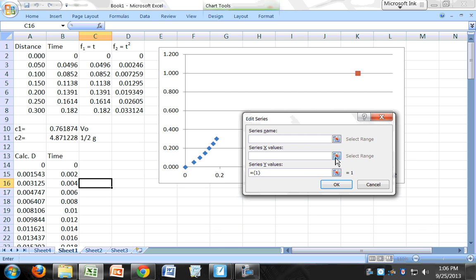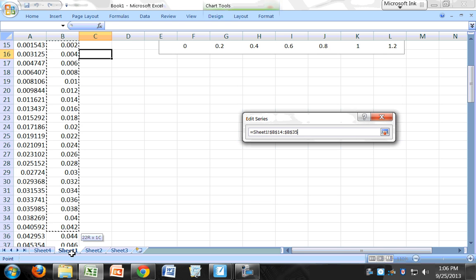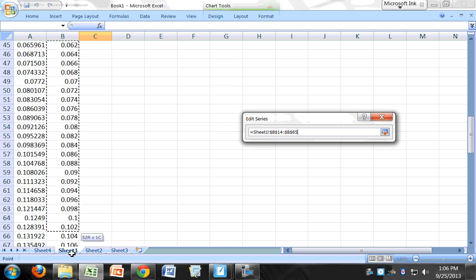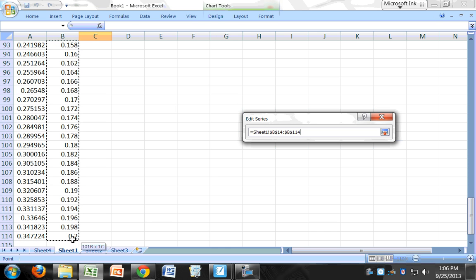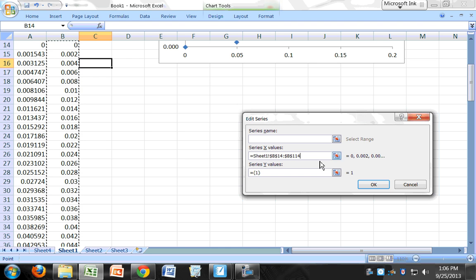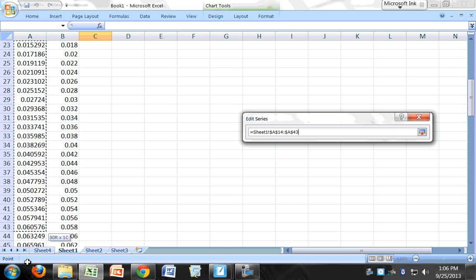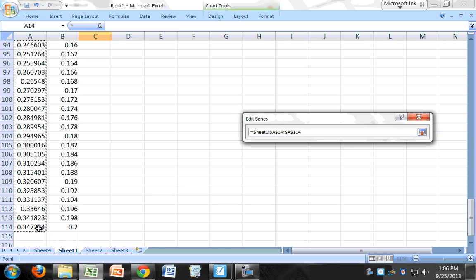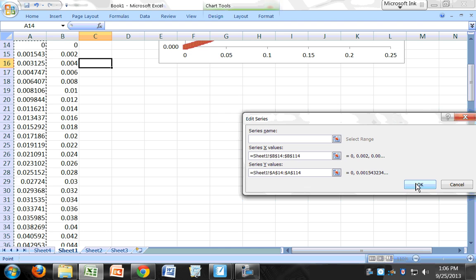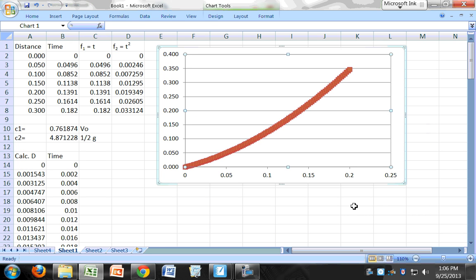And this series is going to be my fitted curve, so my x values would be time, and my y values will be distance, the calculated distance. Right, and there it is. Hit OK, and there it is.